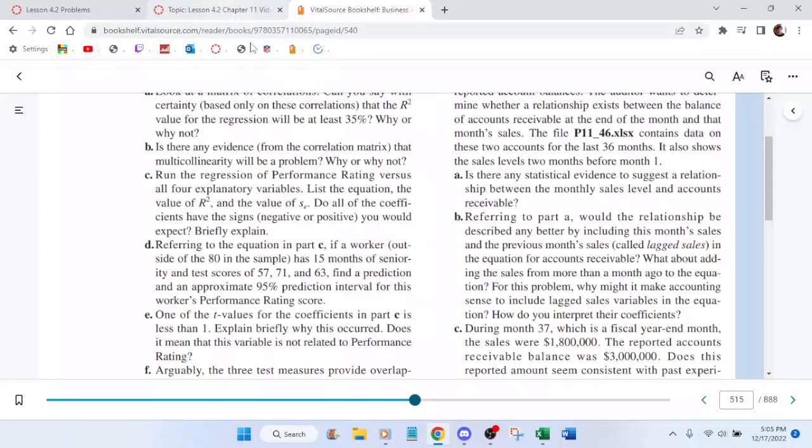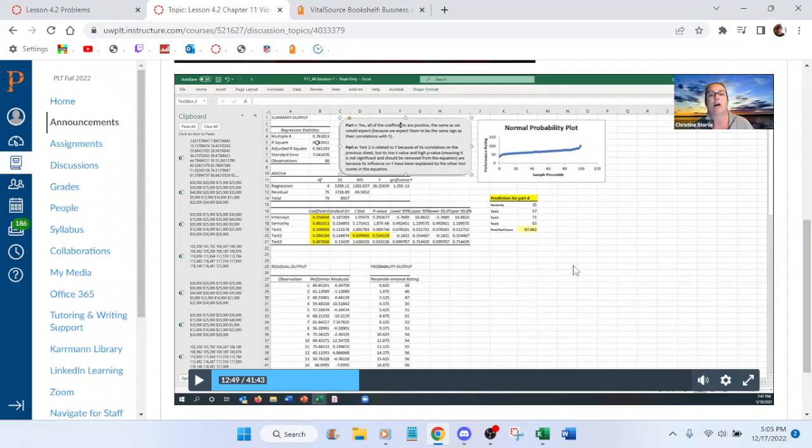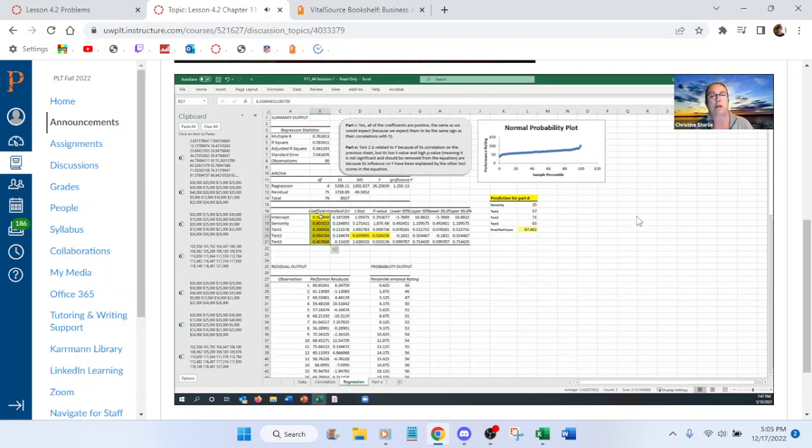What is the question C? List the equation. I don't know why she didn't list the equation. The coefficients are positive. That is what you would expect, right? You would expect that, not the intercept, but for seniority, test 1, test 2, and test 3, there's a positive effect causing the performance rating to be high.